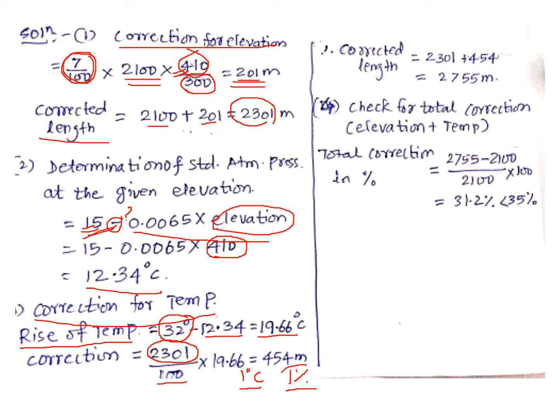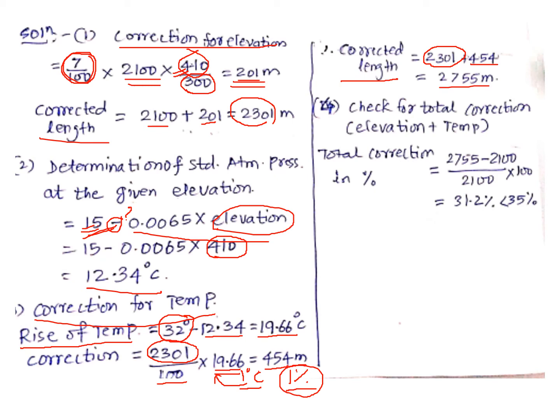If it is 1% for every 1 degree centigrade, we want the percentage: 2301 upon 100, multiplied by 19.66%. This comes out to be 454 meters. Finally, for the corrected length for temperature, we add the correction for the elevation already calculated plus the correction for temperature, and the value comes out to be this.